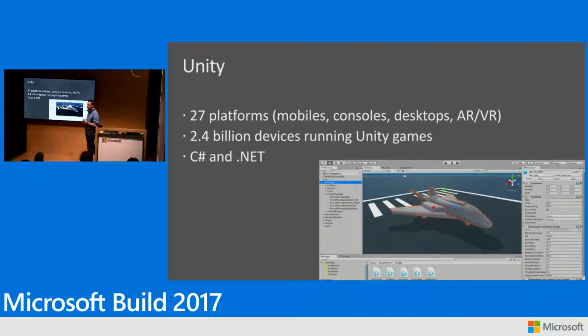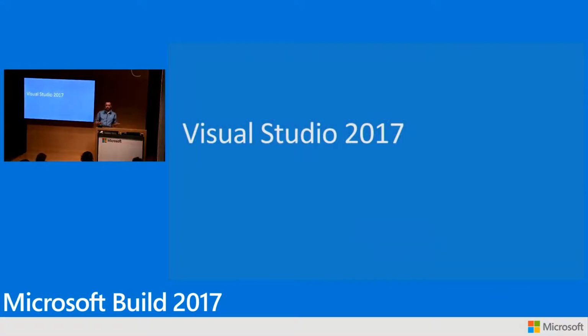That is a lot. And what's best is that you get to write the code for your game in Unity using C# and .NET. And what better IDE is there than Visual Studio to write C# and .NET? So let's talk about what is new for Unity developers in Visual Studio 2017.